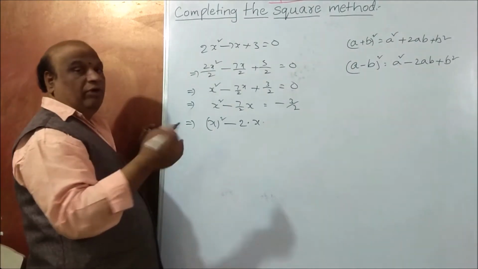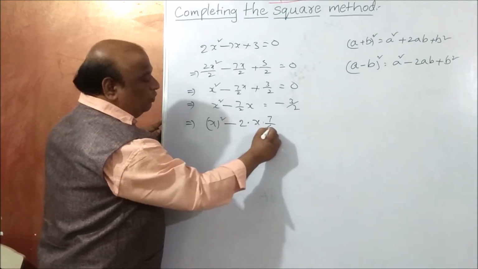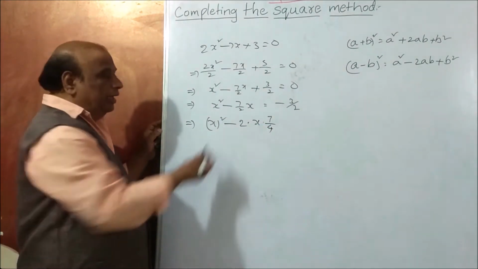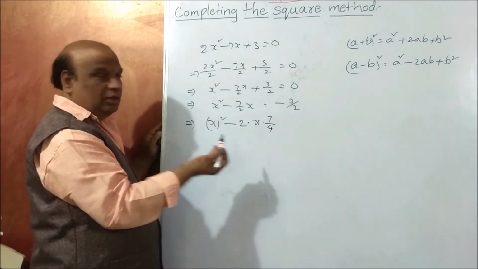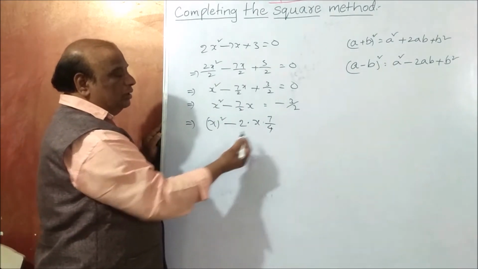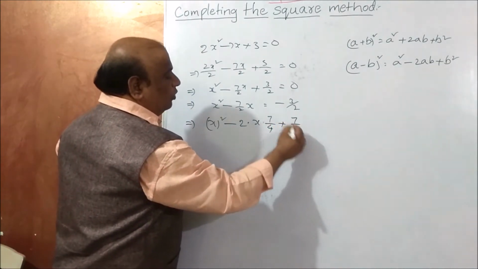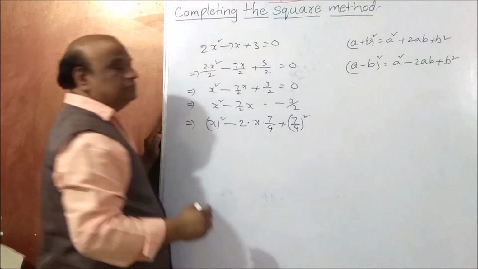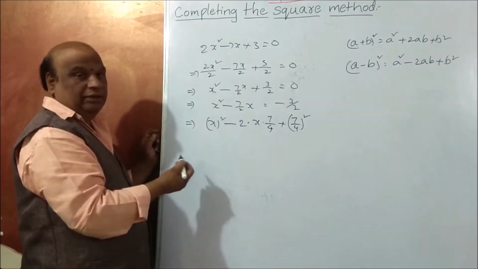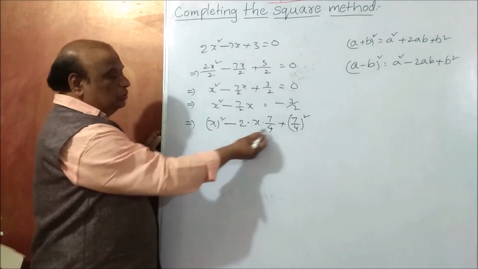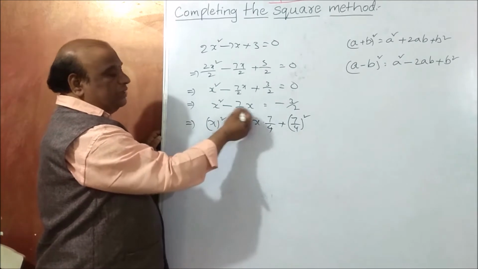Extra you have to take one more 2. That is 7 by 2 into 2, 4. Here we have to multiply 2 with 2 again. So 7 by 4 plus this is b, 7 by 4 whole square. Denominator you have to multiply 2 again, because 2 2s are 4. Then 7 by 2x again we are getting.